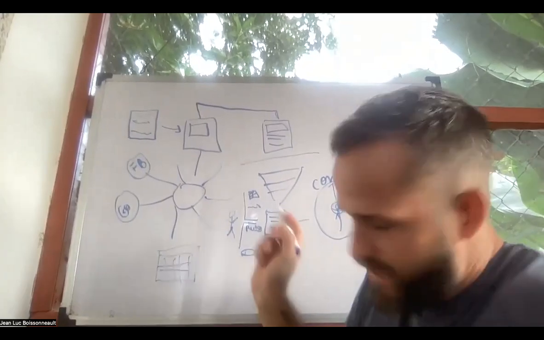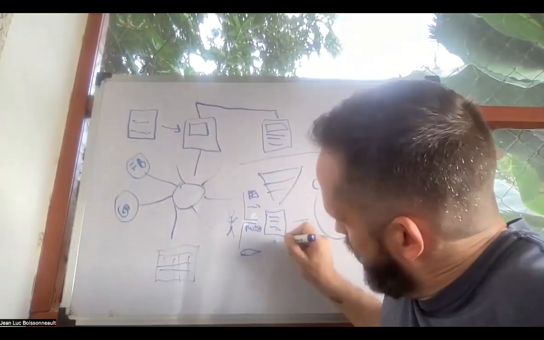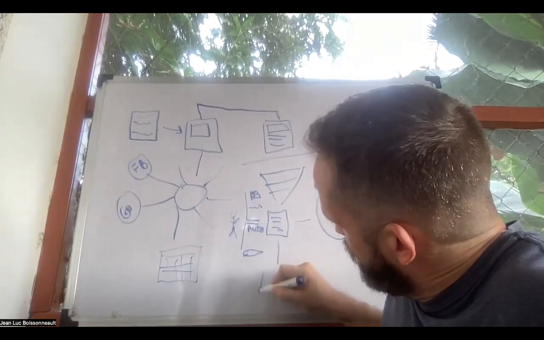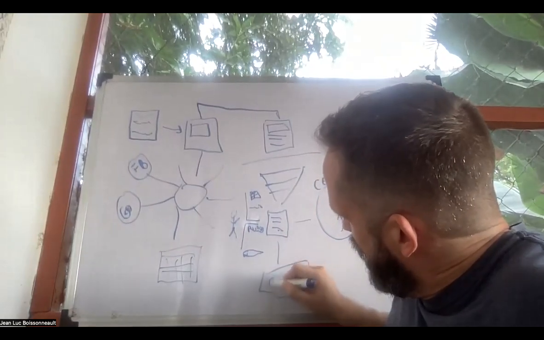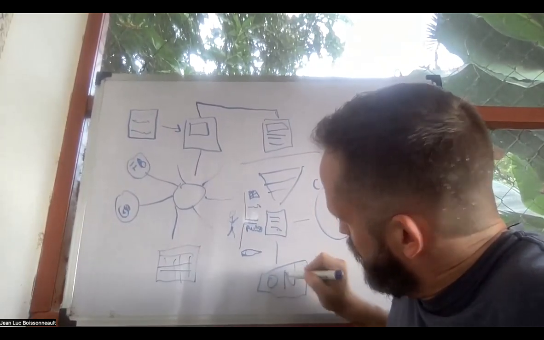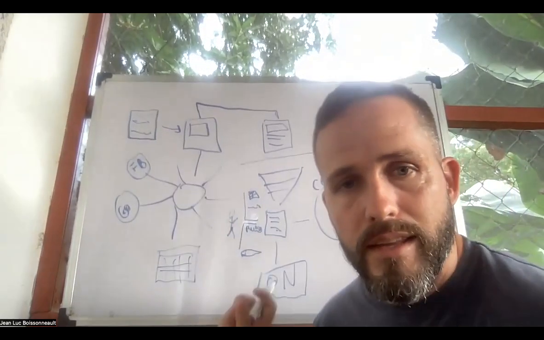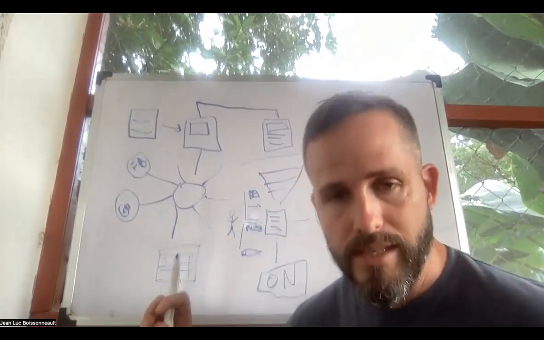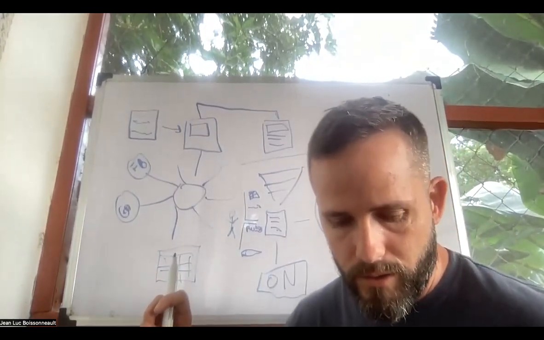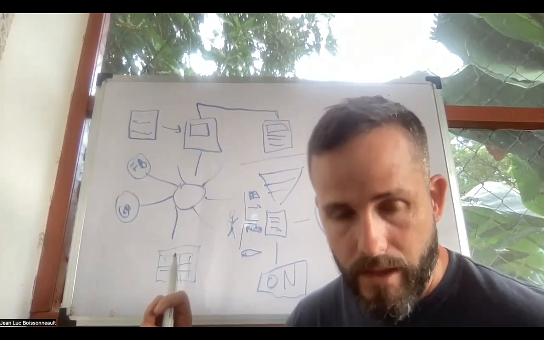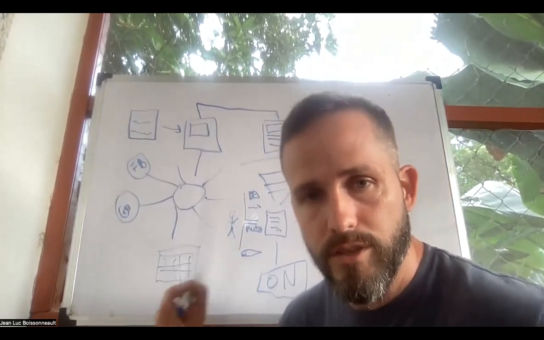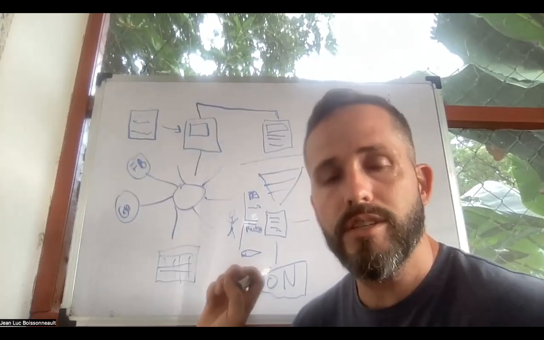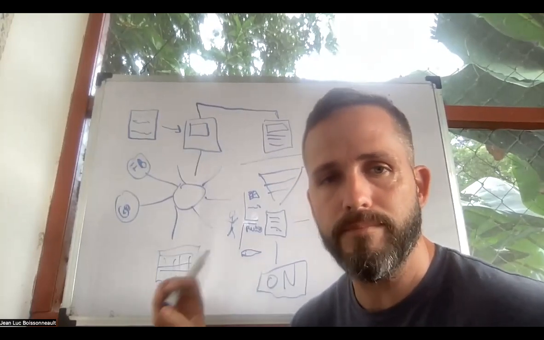Okay, so then once they've agreed, it then moves here to onboarding. This is the onboarding. This is where you need to have a tool to teach the employee how to do their job.